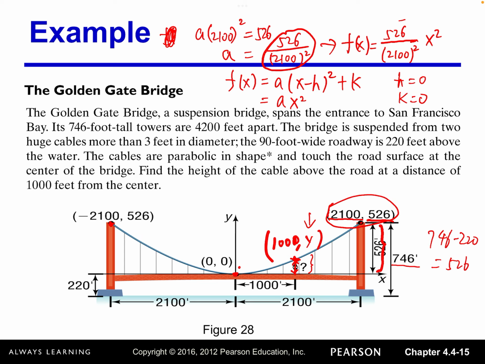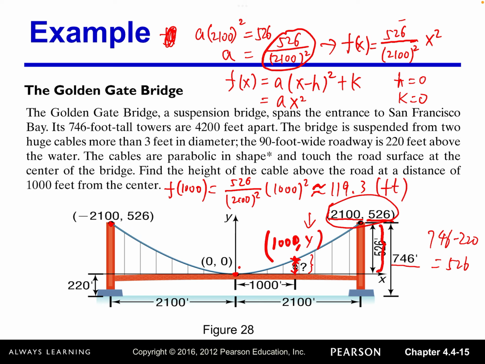So now we want to evaluate, okay, let me write here, f of 1,000 equals 526 divided by 2,100 squared, that's the a, right? And then replace x by 1,000 squared. So you put this whole expression into a calculator, and we get the answer approximately equal to 119.3 feet.